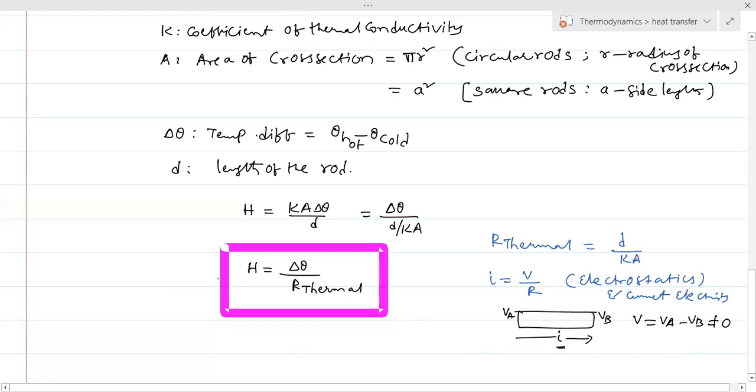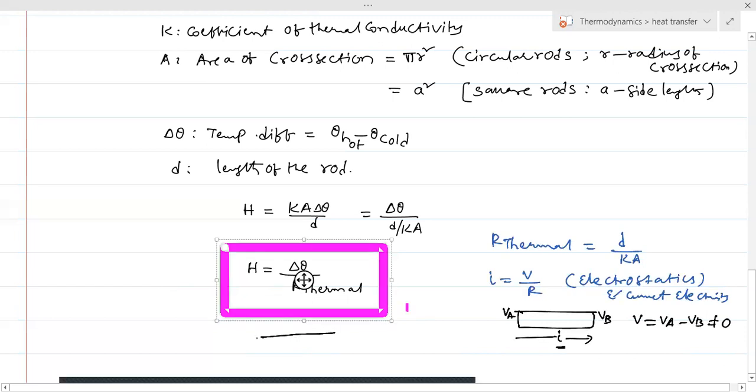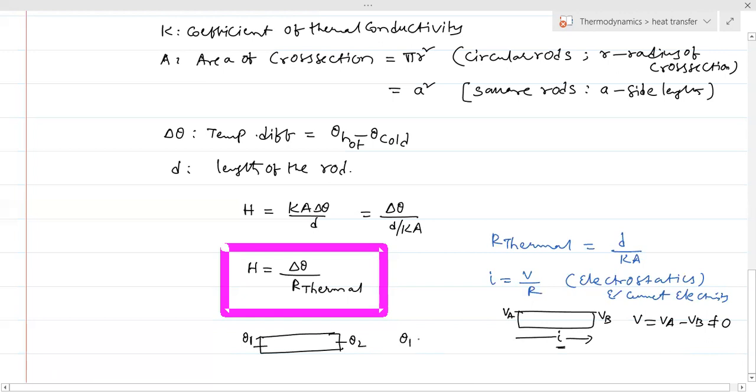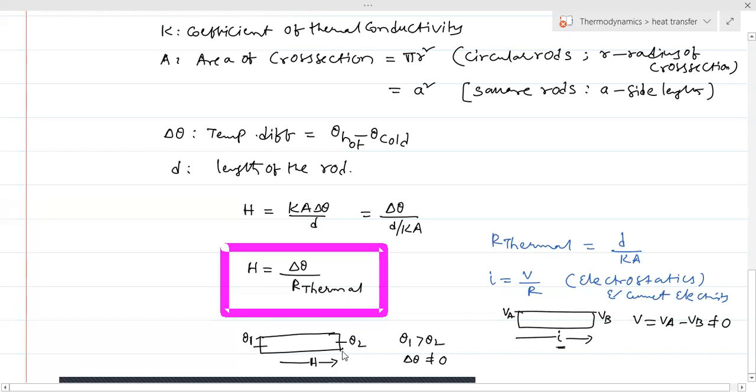Similarly, take the case of a rod, where this end is theta 1 and this end is theta 2. Whenever we have a temperature difference between the ends, that is, whenever delta theta is not equal to 0, only then will there be a passage of heat per unit time, that is, heat current will exist.